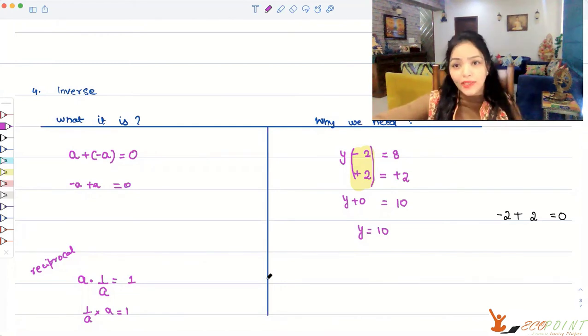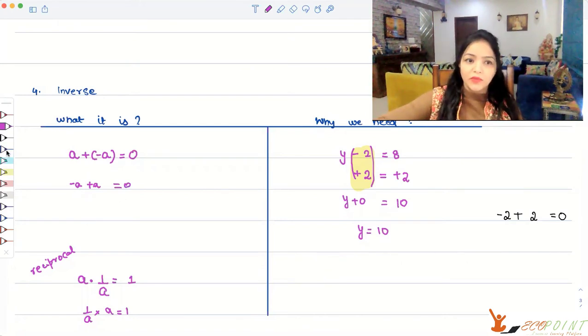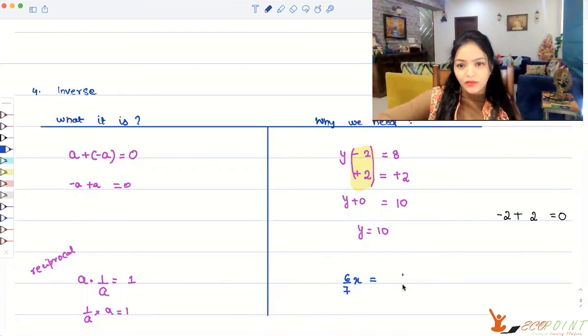Now the question, why do we need the inverse property? Why is it there? Suppose I take an example with variables here. Suppose you have 6 upon 7 times x is equal to 1 by 3. Now my attempt will be to get the value of x. How would you get it?